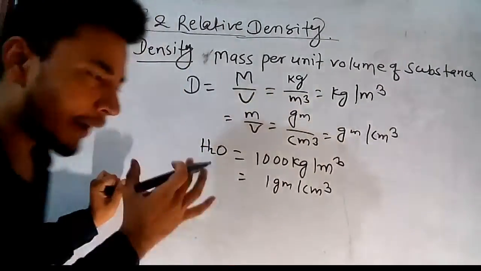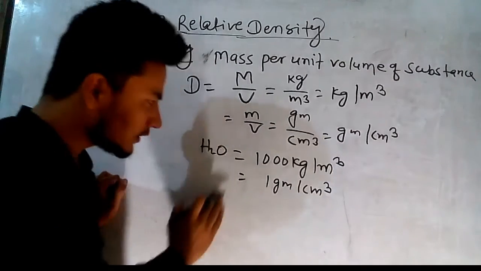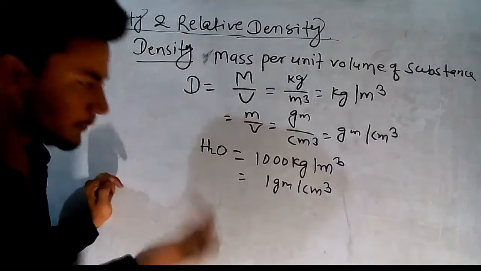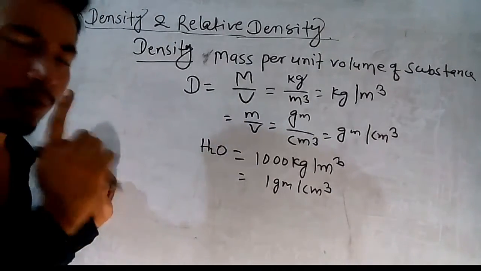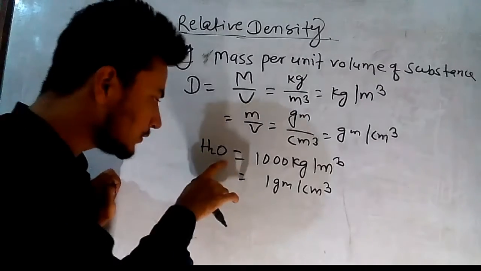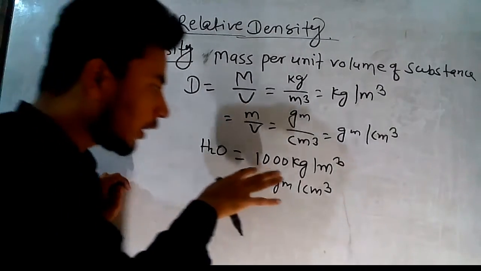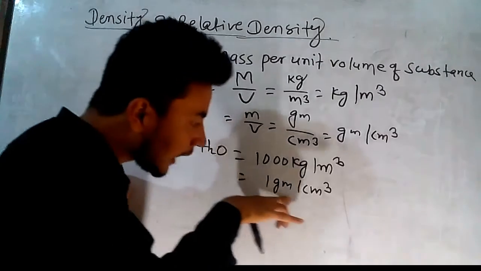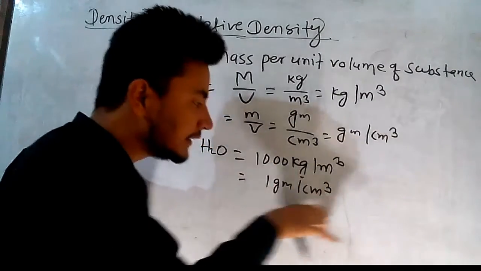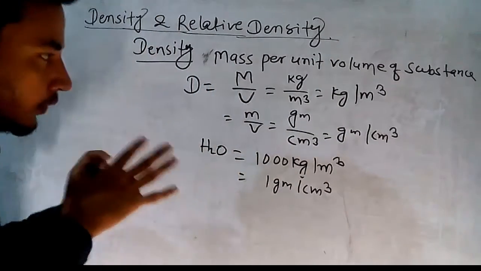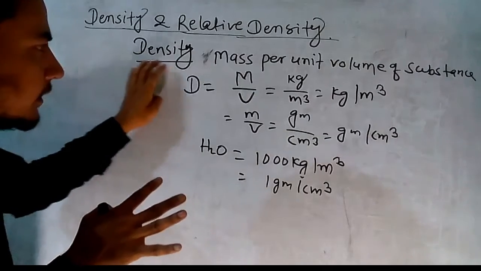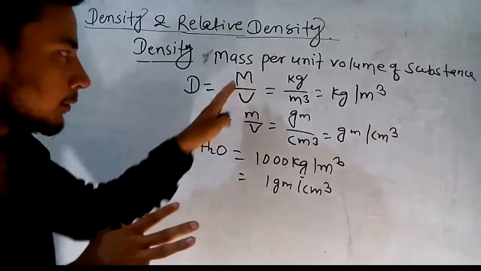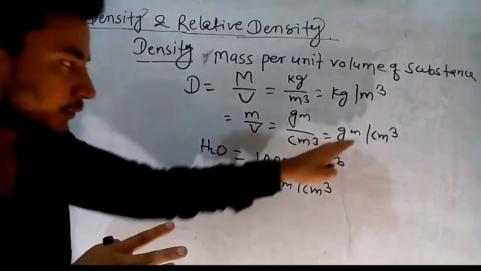In numerical problems the density of water is sometimes not given, so you have to know it yourself. So no confusion: density is mass per unit volume, with its formula and units.